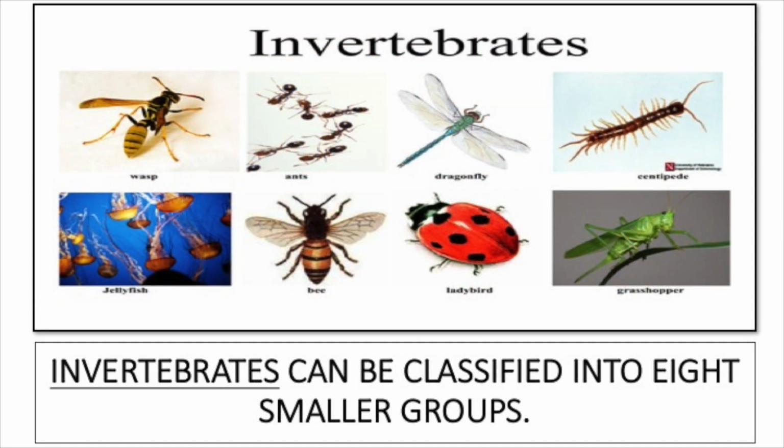Invertebrates can be classified into 8 smaller groups. Yes, we first began to look at this in the last lesson, but we're going to do a little more work today because some of these words are hard to understand. So let's take a look.